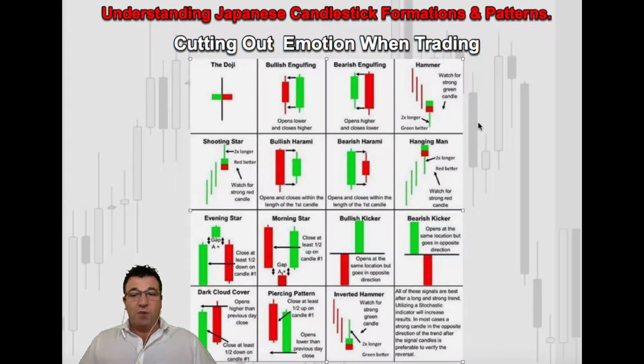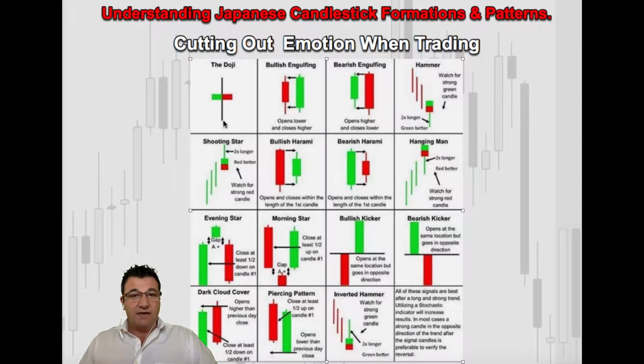Now, the most popular and famous of the candlestick formations is the Doji, which is the top left-hand corner of the screen over here. Let's explain it. This is on a bullish candle.